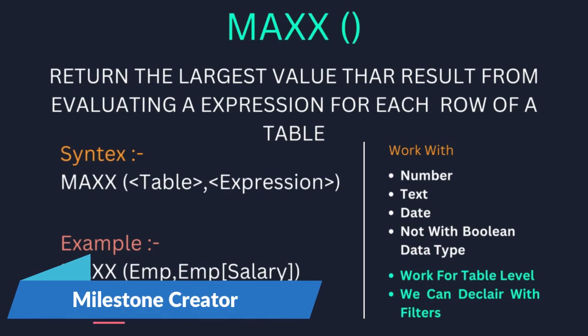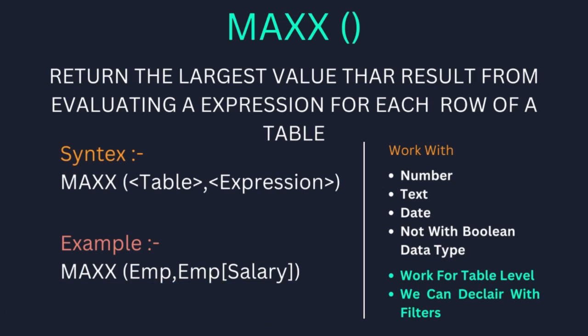So here is the example: MAXX, then inside the bracket you pass the table name, that is emp, and then the column name, emp, and inside the bracket the salary, right? So you can also provide any filters on this or any expression, for example emp salary equal to 1 lakh, right? So in this way you can write a MAXX DAX function.